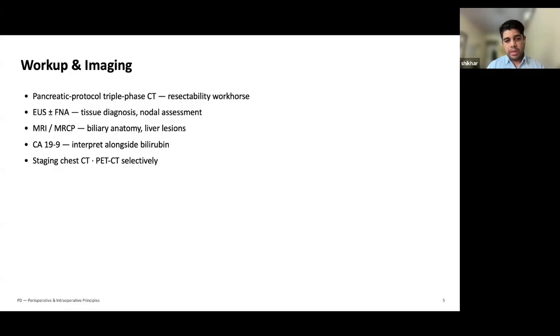Similarly, doing exercise and whatever possible weight reduction measures can be done. So we can keep them in this prehabilitation group, and sometimes the obesity can be related to the disease also. For example, a pancreatic adenocarcinoma patient can have diabetes, so that might be one of the reasons. That also needs to be addressed, like optimization of blood sugars. So in that way we can also optimize the patient.